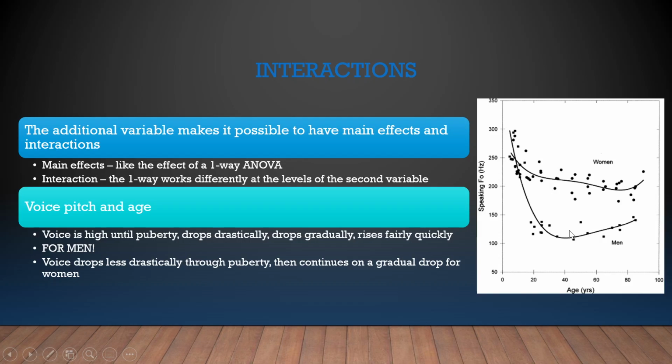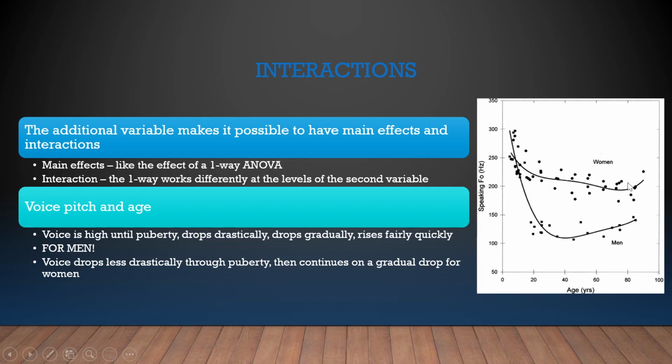Some different measurements of this will actually show that men continue to gradually drop a little bit until around 60, and then it starts to come back up. But this looks like it starts to come back up around 40, 45, something like that. Starts curving back up. So either way, you can see this curve starts coming back up. That does not happen for women.